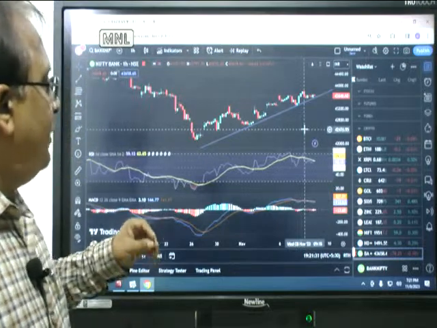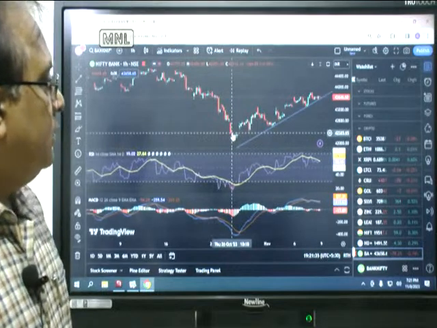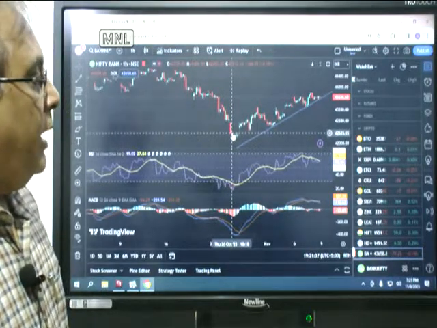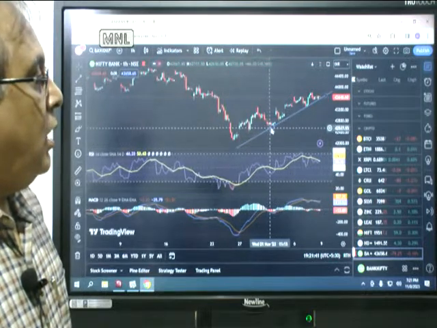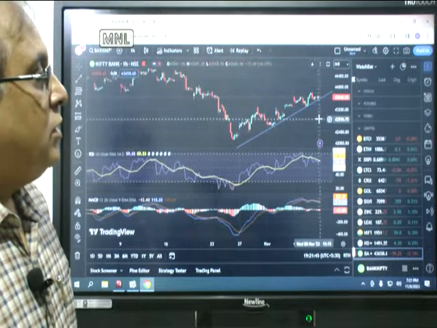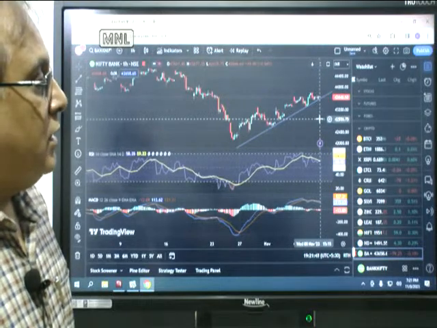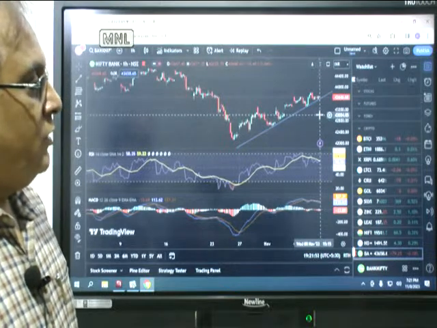So at this place, we should be careful about it. And the earlier long positions, which might have been created at any of these levels, we should now look towards removing. At the same time, we can also look towards selling.